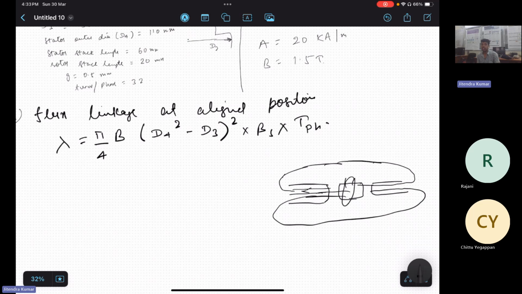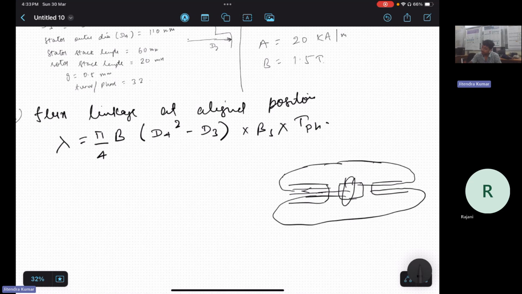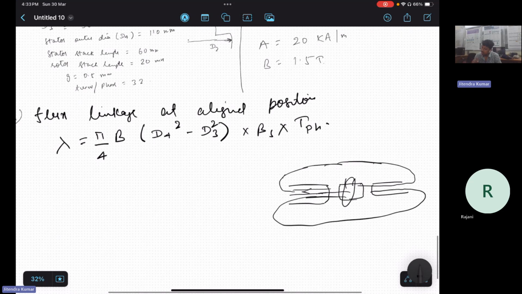Which parameter were you recommending instead of D3? No, I'm not recommending. I'm telling you the expression is D4 square minus D3 square, with D3 whole square. In the problem, geometry is not clearly mentioned.